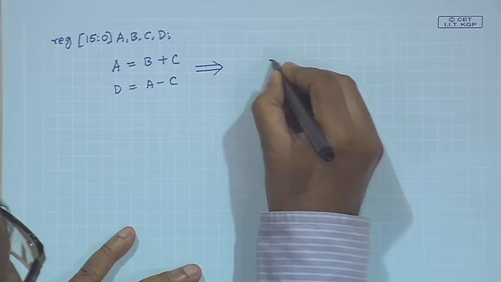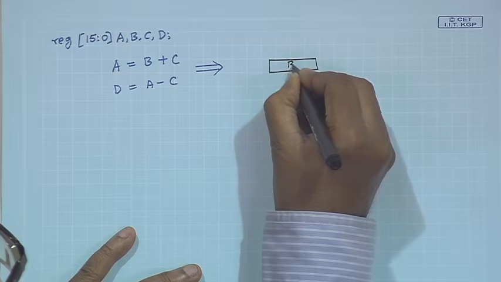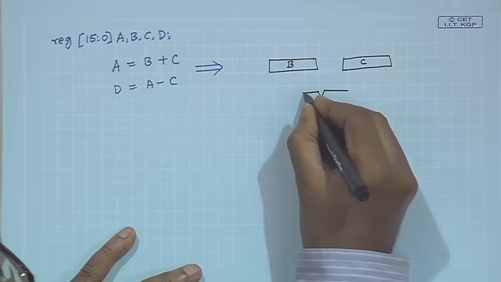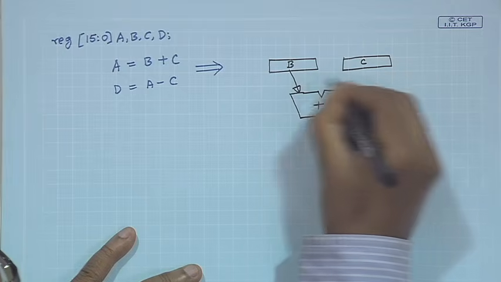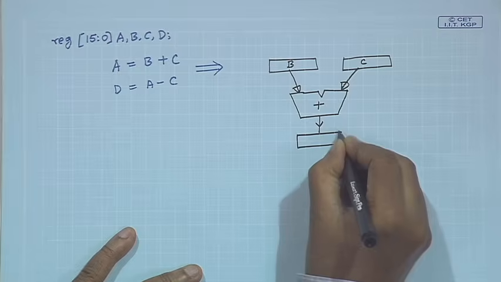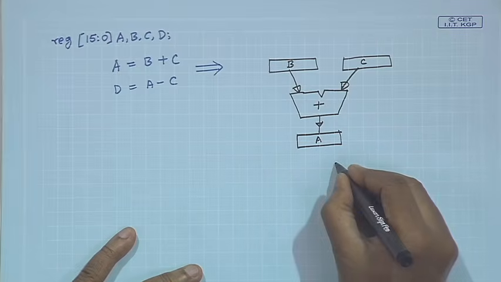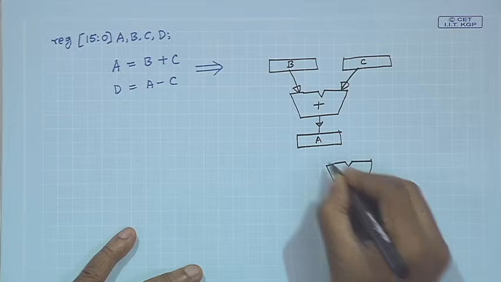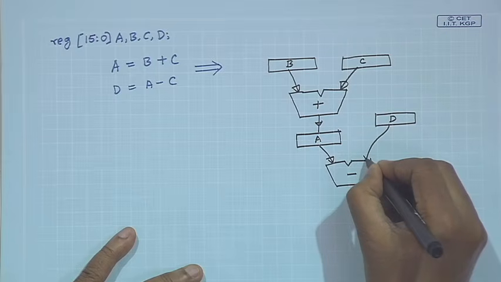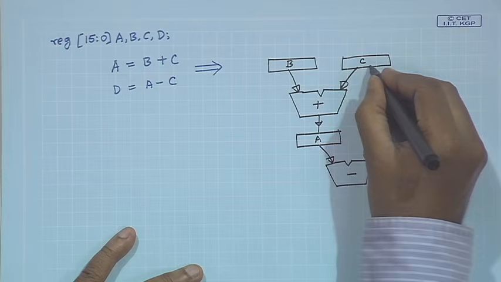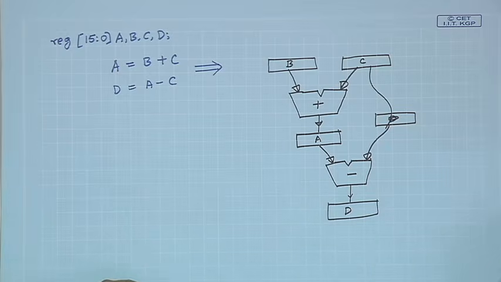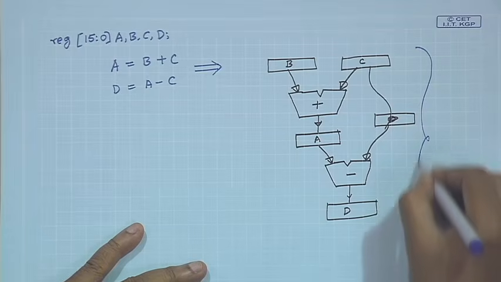Intuitively you can say that there will be a register to hold the value B, and another register to hold the value of C. There will be an adder, which will take the inputs from B and C and generate the result into another register A. Then we will have a subtractor, which will take A as the first input, and the second input will be from C, and the output will be generated in D. Whatever I have shown here is my data path.